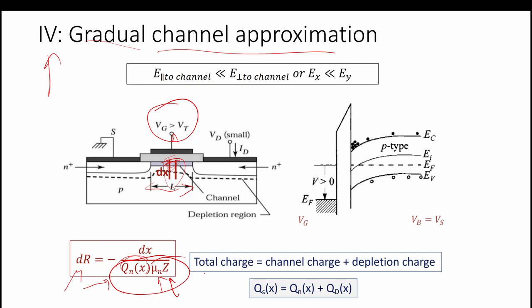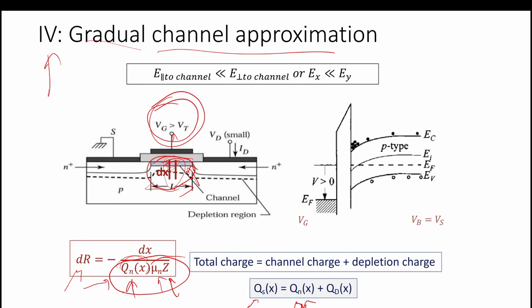The total charge carriers in this region, which are because of the application of the gate voltage above threshold, Qs will be equal to Qn plus Qd.